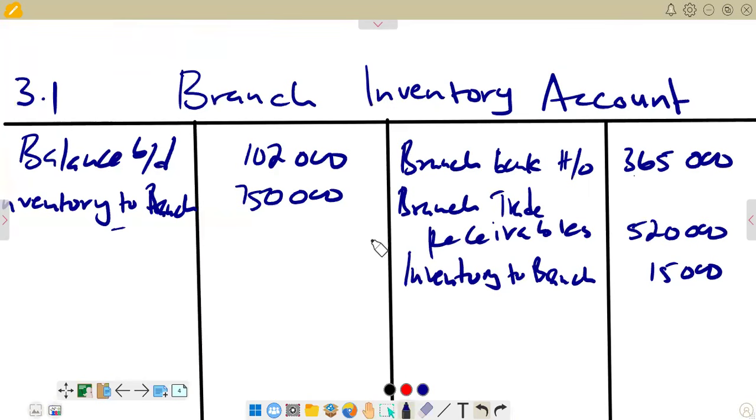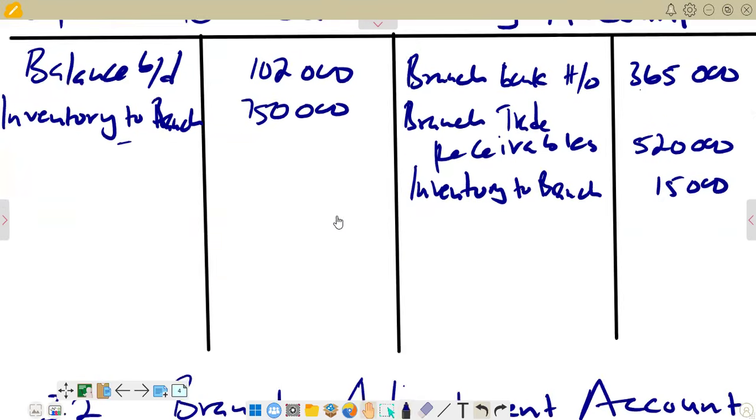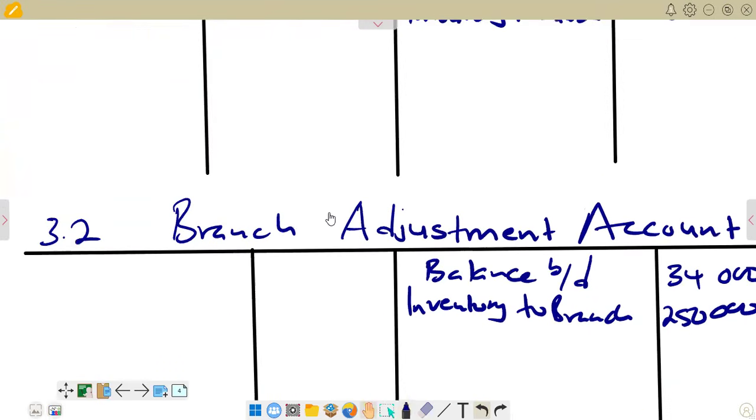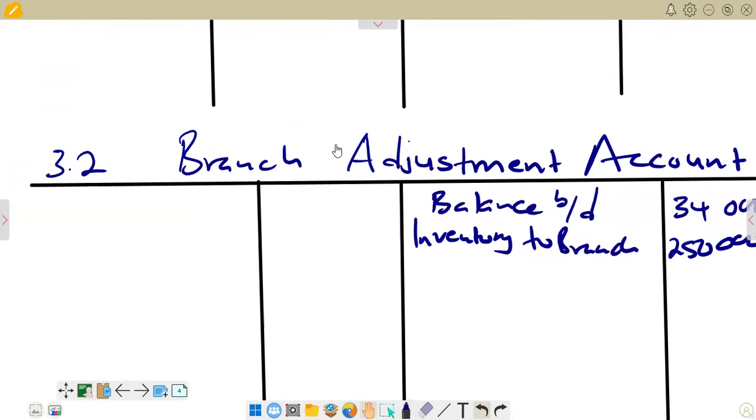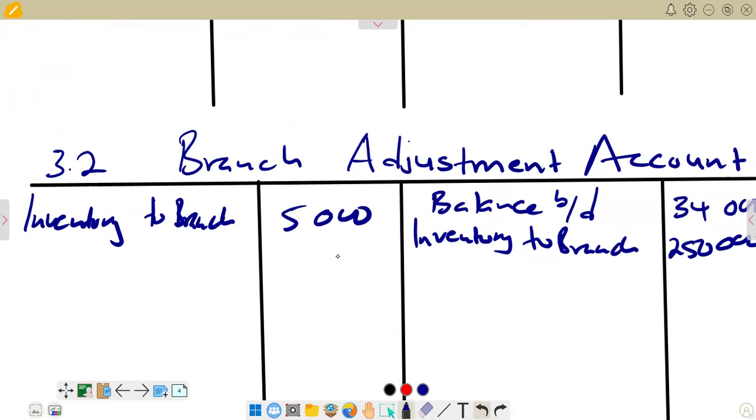So that one is going to affect our branch adjustment. So that 5,000, we are going to put it there and say, remember, we now go to the debit side and say, inventory to branch 5,000. Then you go to the inventory to branch, you are going to credit it.